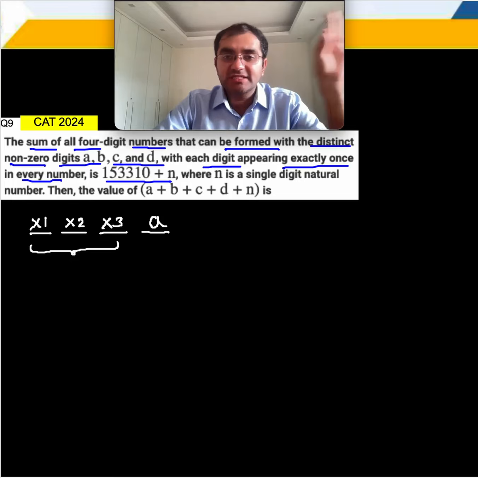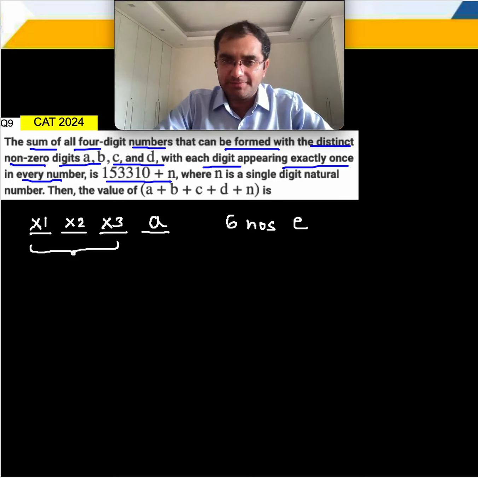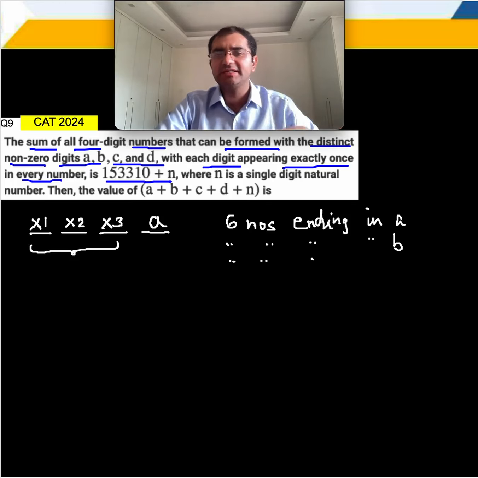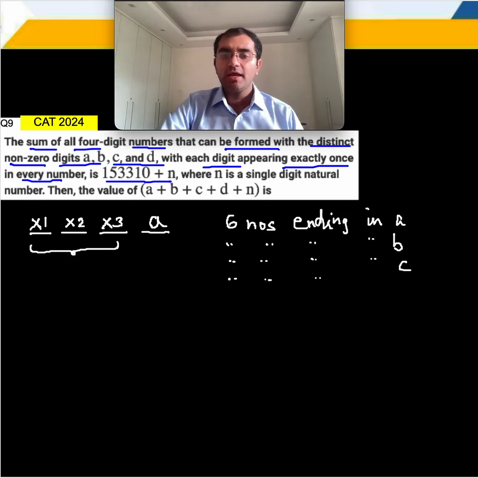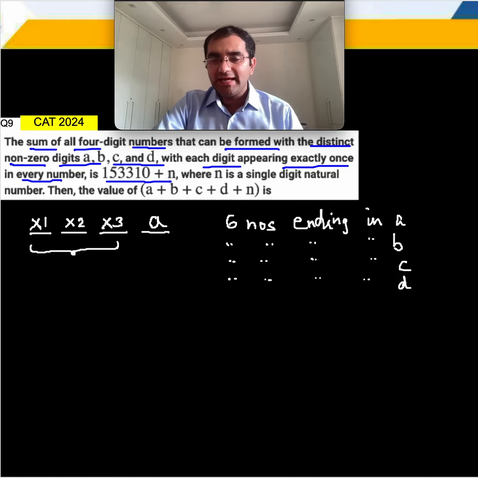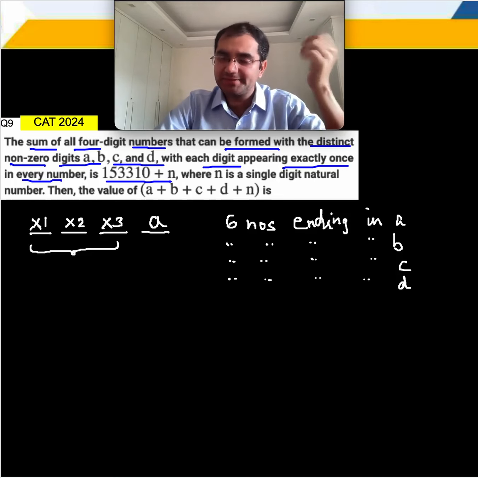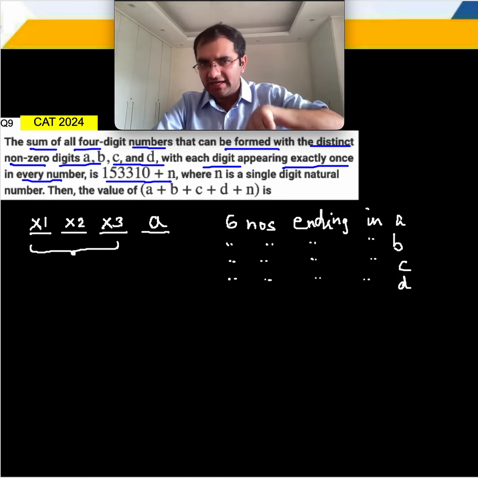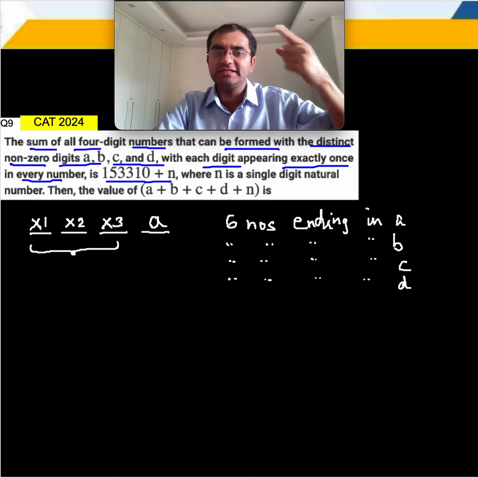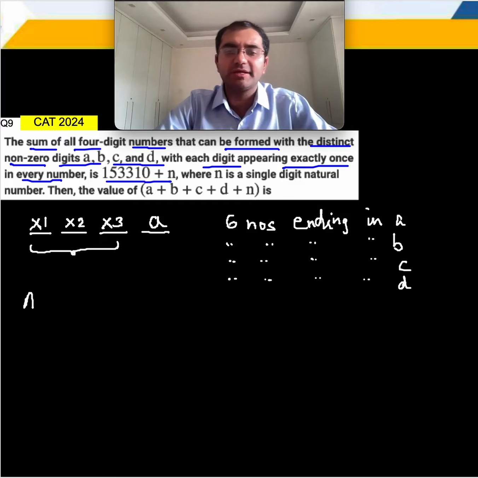So there are 6 numbers that are ending in A. Similarly, 6 numbers ending in B, 6 numbers ending in C, and 6 numbers ending in D. तो अगर आप ये सारे ऐड करो, numbers ending in A का sum हो जाएगा 6A, right? 6 numbers ending in A, sum of these, just this part becomes 6A.